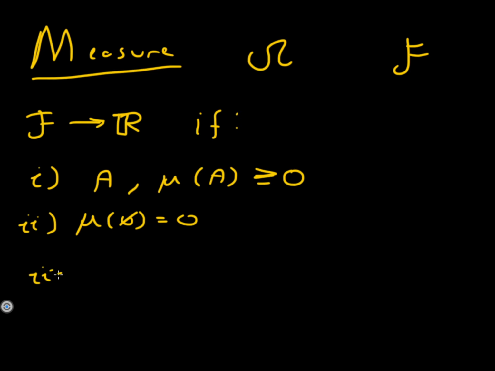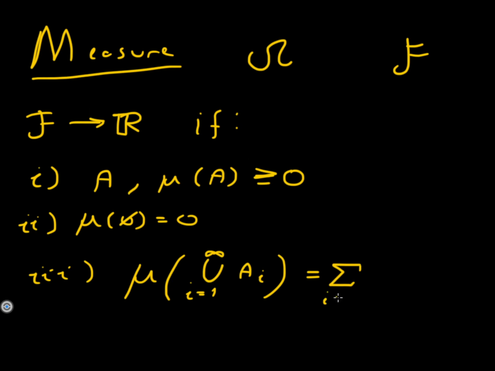And the third condition is that the measure of the union from 1 to infinity of the subsets is equal to the summation from 1 to infinity of the measure of the subsets. So these are the conditions which require a function to be a measure.